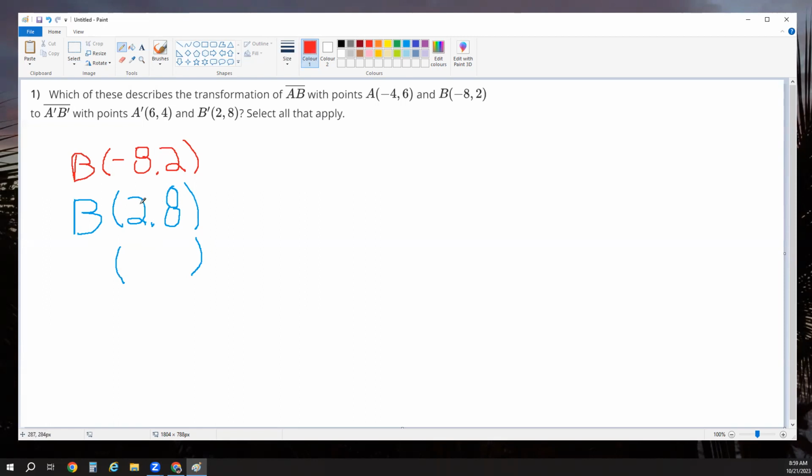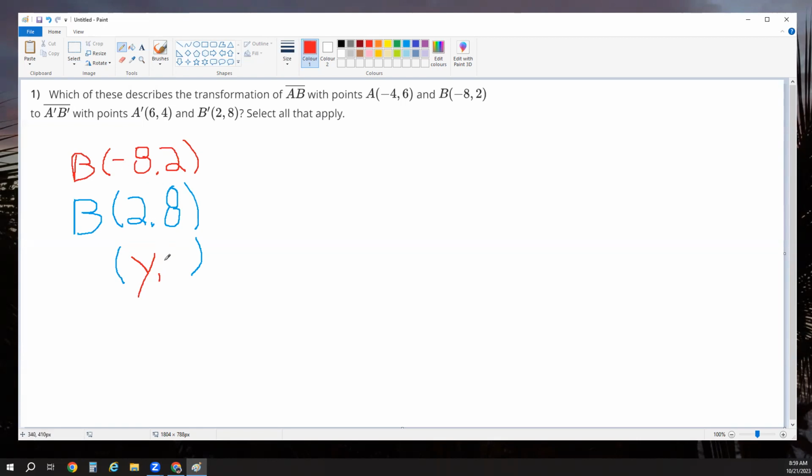So the x coordinate of my new point was drawn from the y term of my previous point. And my y term was drawn from my x coordinate, but it is the opposite sign.